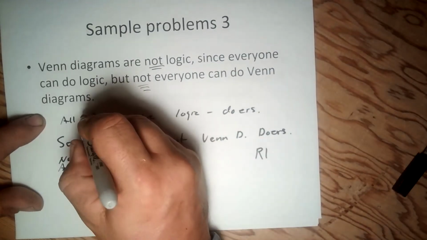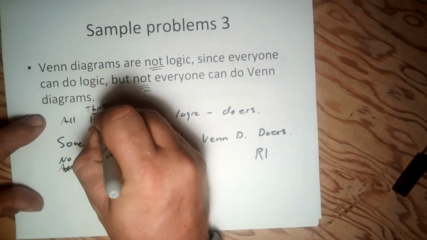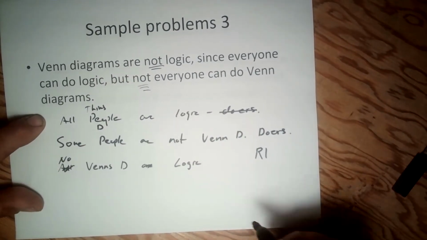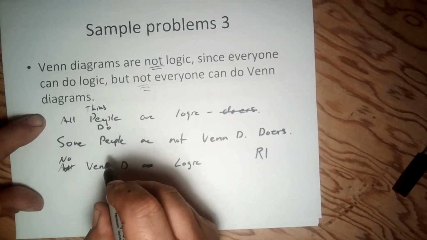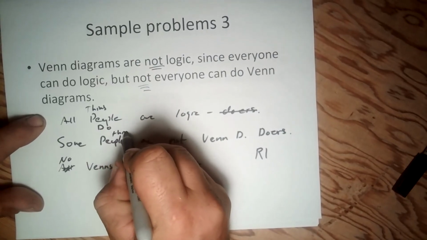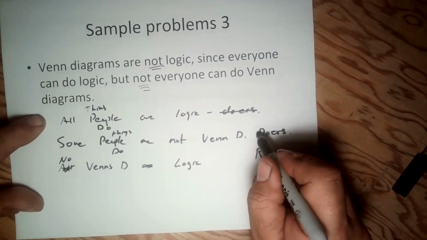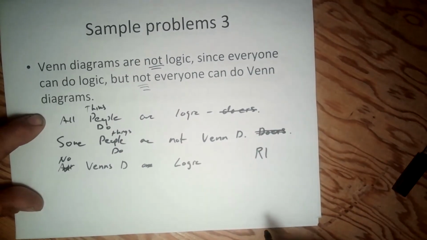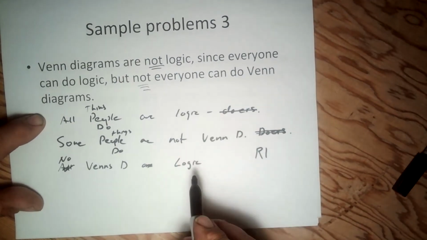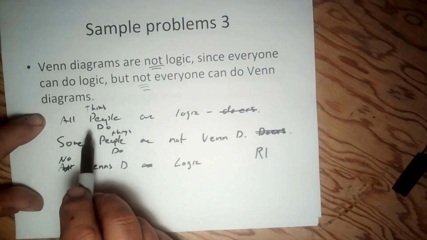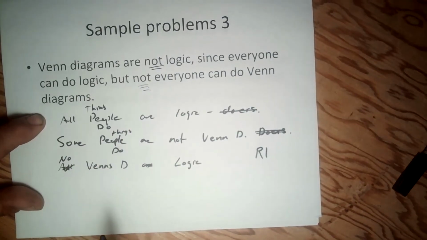So maybe it is all things people do are logic, and some things people do are not Venn diagrams. Now we've got logic, Venn diagrams, and two sets of things people do.